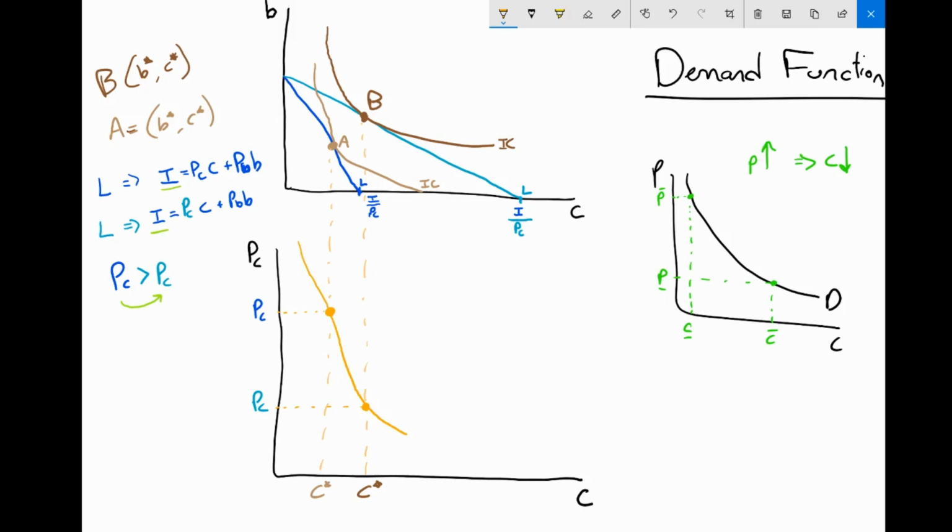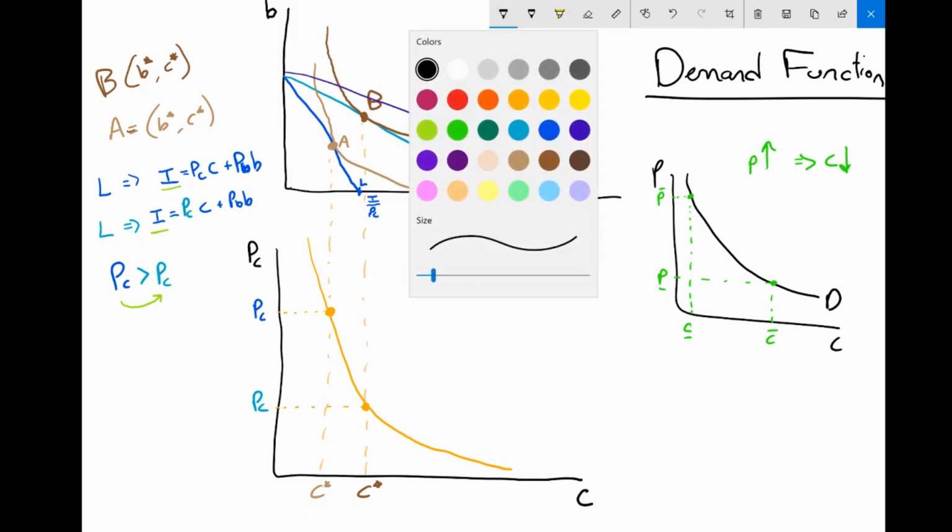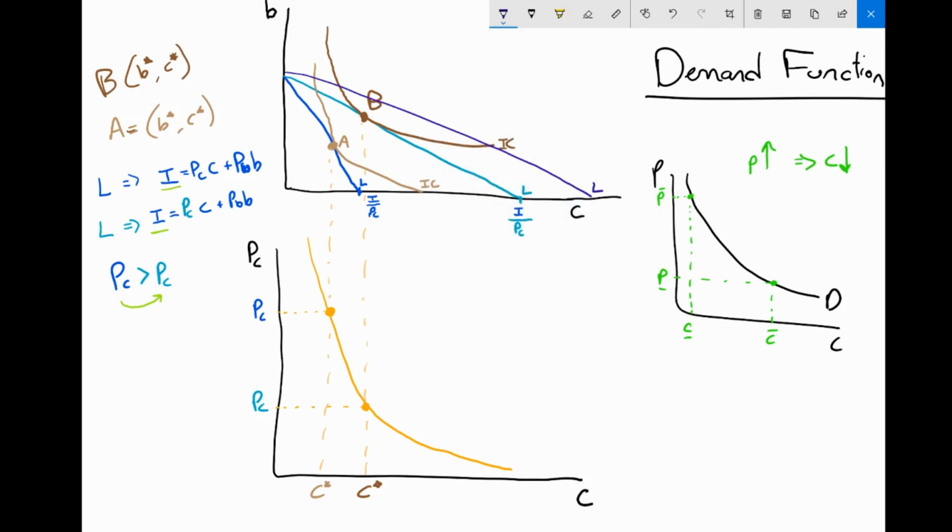If we kept going, if we kept reducing the price of coffee, we could do it again, reduce the price of coffee again, drawing another budget line where the price of coffee is even lower.